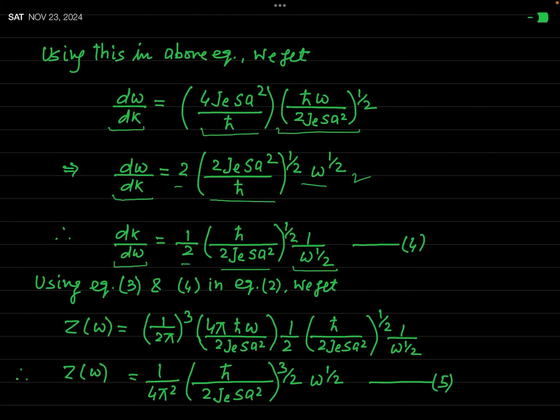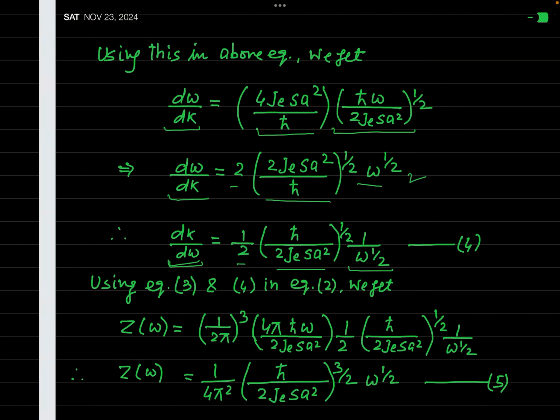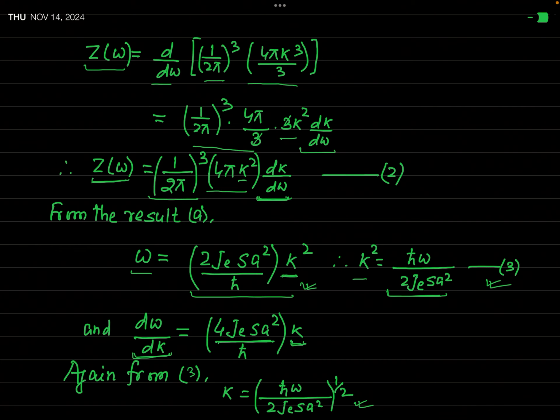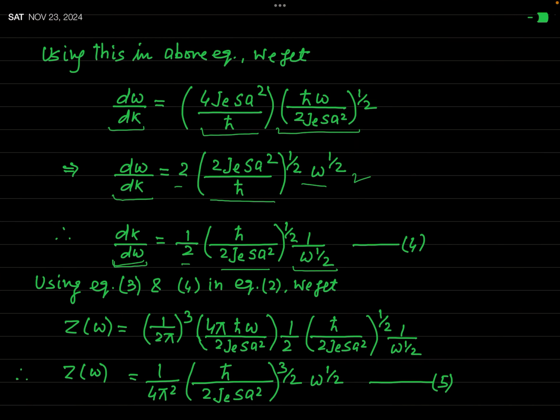Now we will substitute the value of dk by d omega from equation 4 and the value of k square from equation 3 in equation 2 to get the value of z of omega. So instead of k square, we will write this much which has been defined in equation 3, and instead of dk by d omega, we will write the value which has been defined in equation 4.